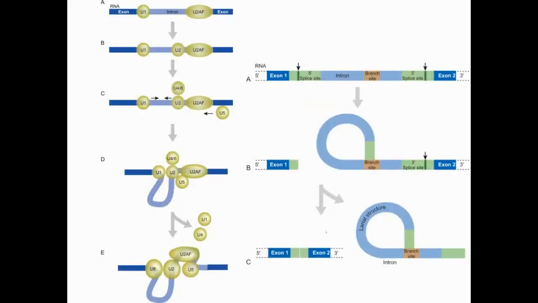And then the third step would be splicing. Because the mature transcript for many genes is encoded in a discontinuous manner, we have to remove the introns and connect those exons together.